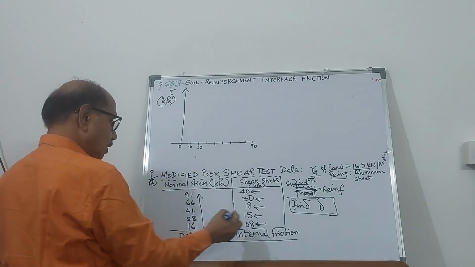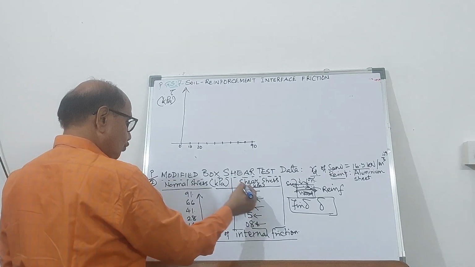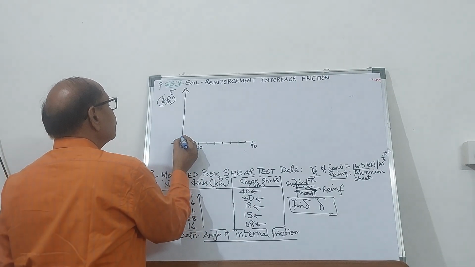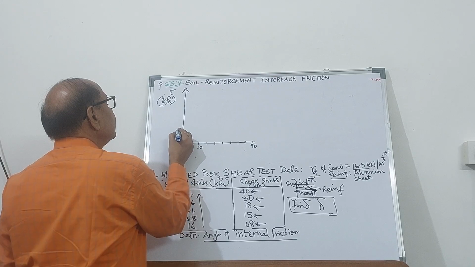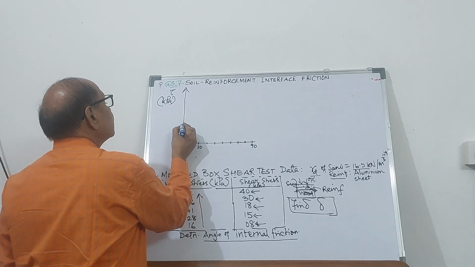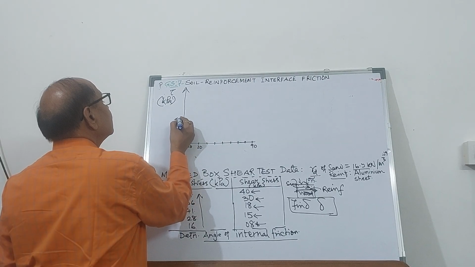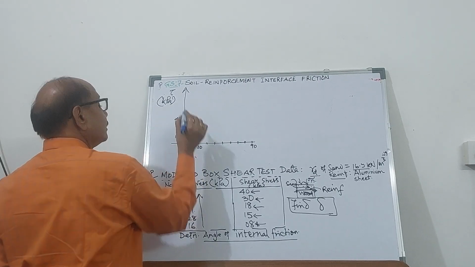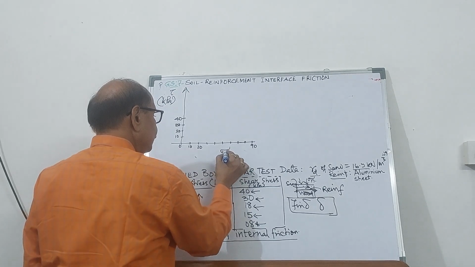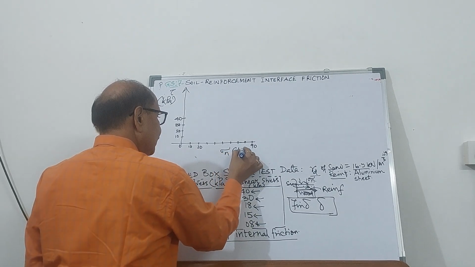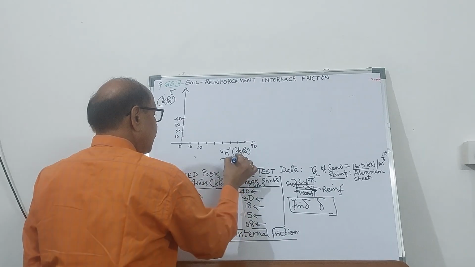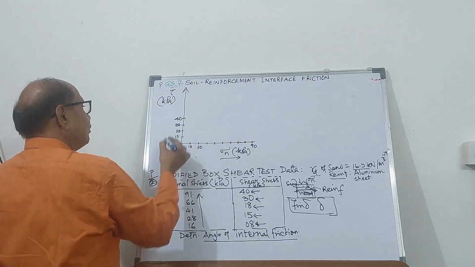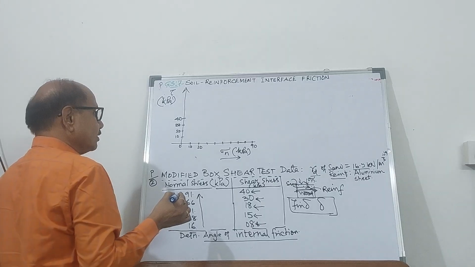Here, shear is going to be maximum 40. So this is going to be 10, 20, 30, and 40. So sigma n in kilopascal is on the x-axis, right? And on the y-axis, you have plotted tau, the shear stress.